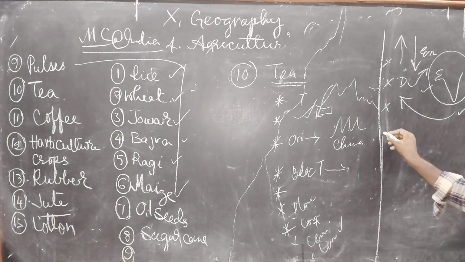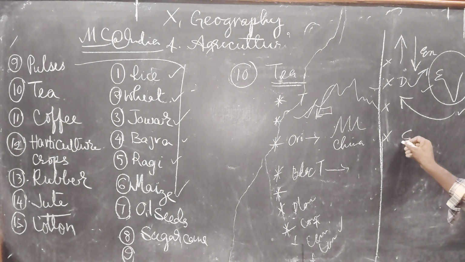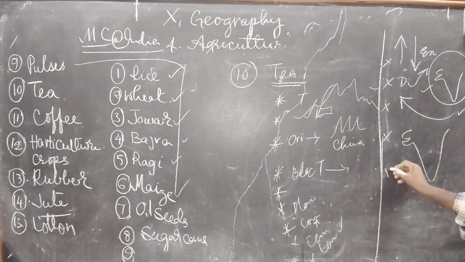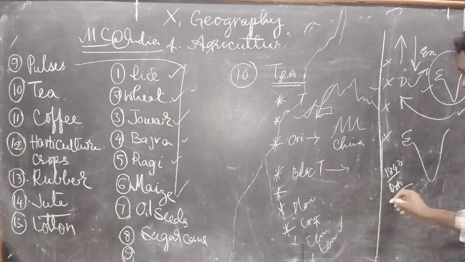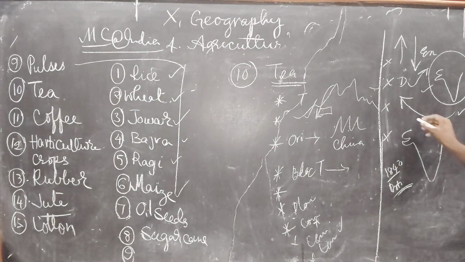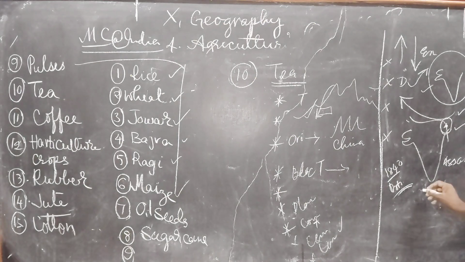And tea was introduced in India in 1840 by the British. They thought that this climate was very suitable. What is the climate here? The Brahmaputra region. This Brahmaputra Valley is very suitable for cultivating the crop. They introduced this crop in Assam. Still, Assam produces 52% of the tea.